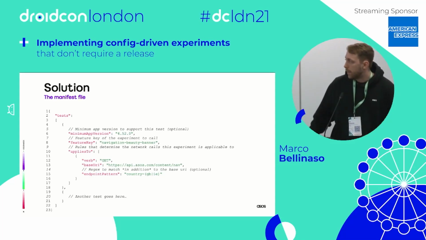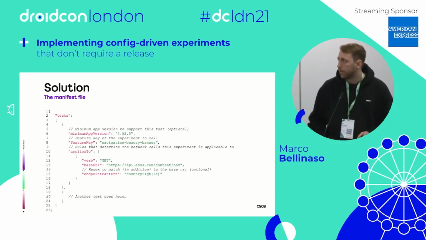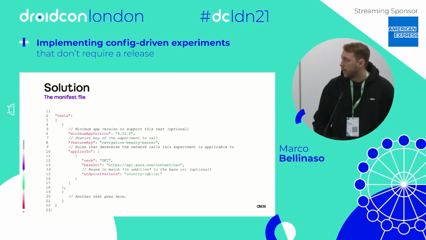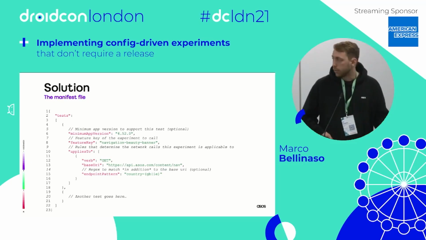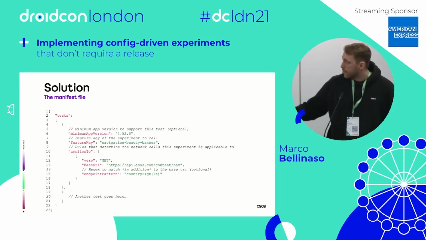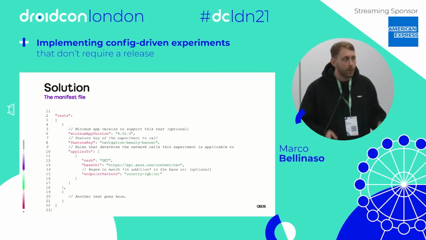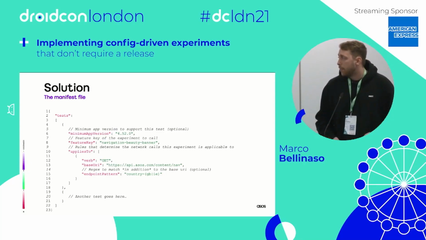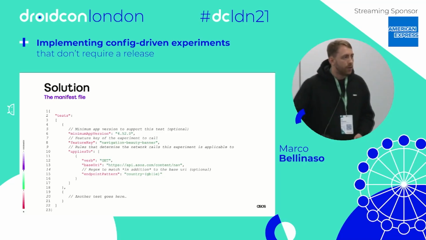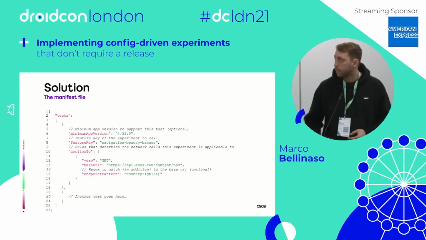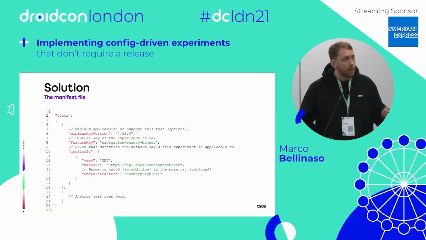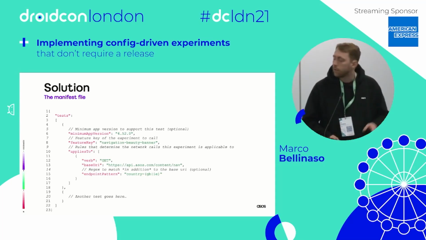In this example, which is one Marco showed before, we would be looking at the navigation tree API, and we have a specific pattern that we're looking for. So when the user makes a call to the nav API, and the endpoint has a country set to either GB or IE, this experiment would apply. So we would call our A/B testing partner for this experiment, get the metadata back, and change the URL. But we'll go into that shortly.